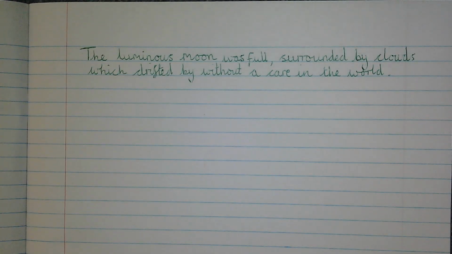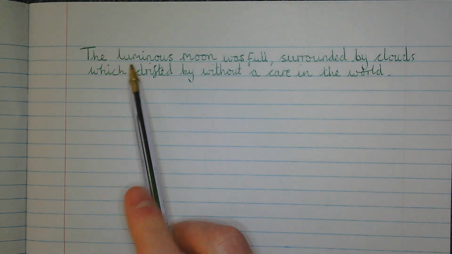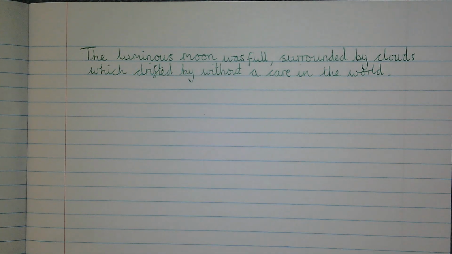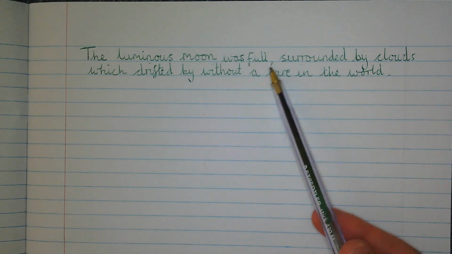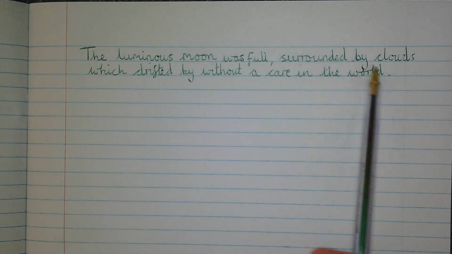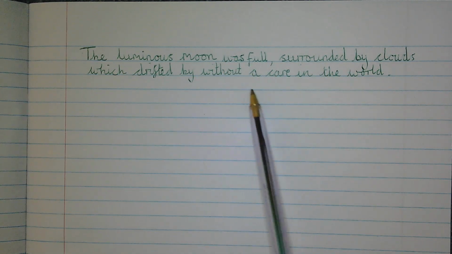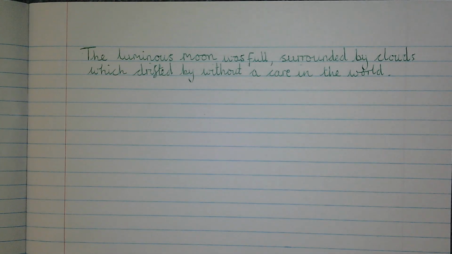End of first sentence. And if you look at what I've used there, I've got luminous moon, so there's my noun being described by an adjective. Was full. Surrounded by clouds, which drifted by without a care in the world.